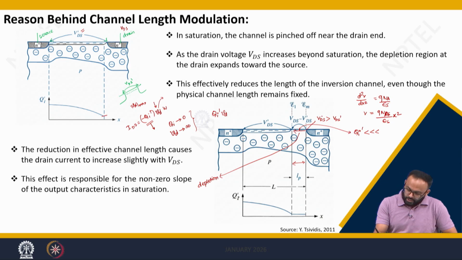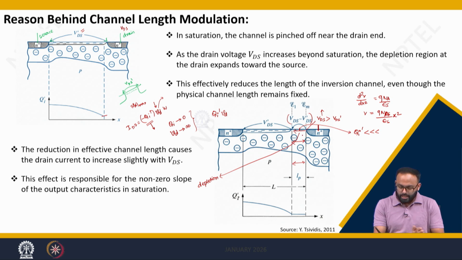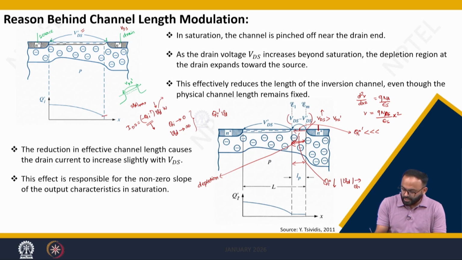Hence, if you increase the VDS, ultimately you are increasing the reverse bias here beyond the saturation value, and to support this voltage, which is nothing but VDS minus VDS dash, the depletion region is expanded in this direction. In this region, ultimately Qi attains its very minimal value and Vd is saturated, or Vd attains its Vd max value.